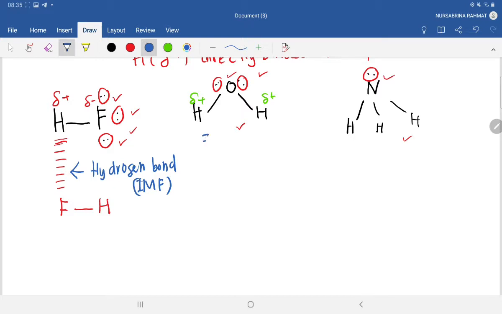This one will form a hydrogen bond with another water molecule. So H will be bonded with the oxygen in another water molecule. I have another H here. So this is the first water molecule. Next hydrogen bond.